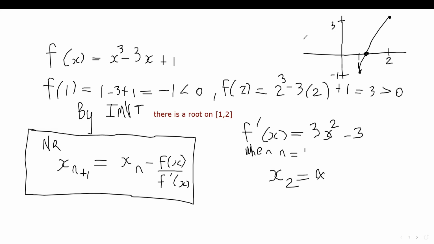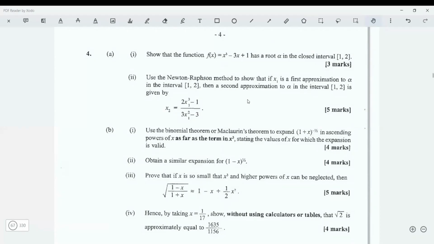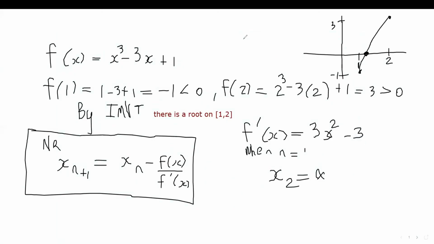Just wonder where we're getting alpha from. Oh, no. We can write x1. They didn't call it alpha. It's the second root that is alpha. My apologies, I'm not reading right. So x2 is x1 minus f of x, which is, just replace x with x1.